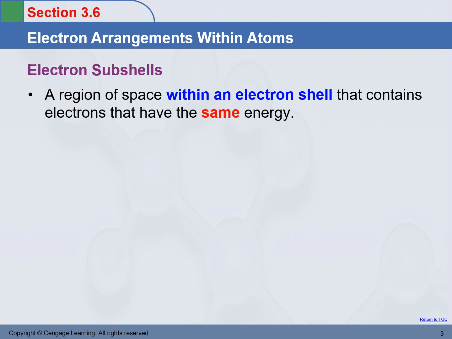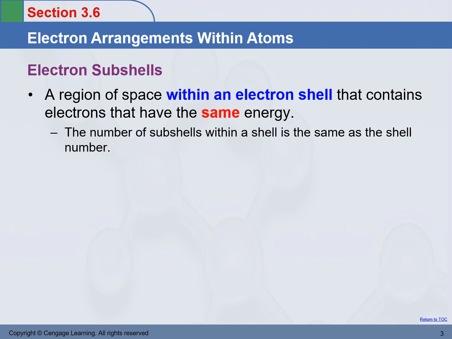The electrons in the subshell have the same energy. Remember, electrons within a shell have approximately the same energy. Now, electrons within a subshell do have the same energy. That tells you inside a shell, there may be different kinds of subshells.